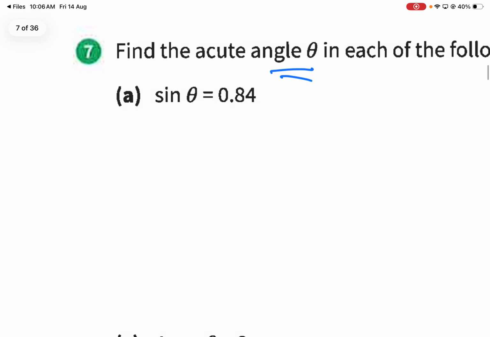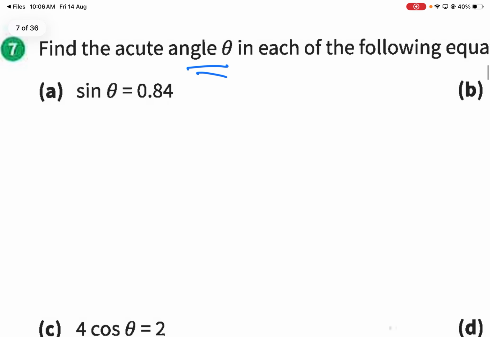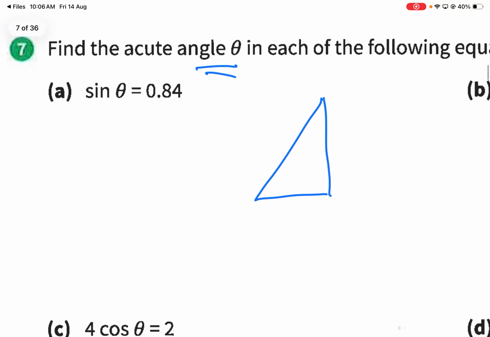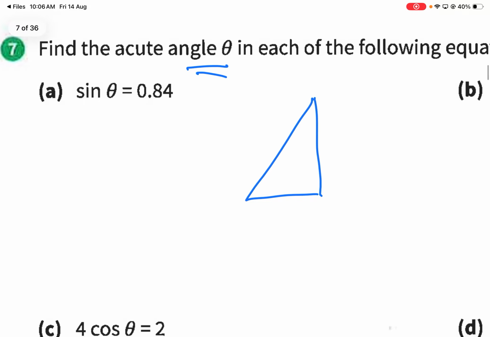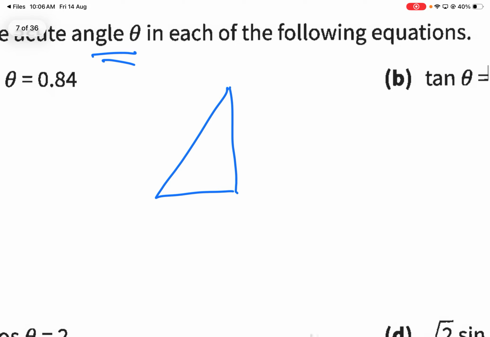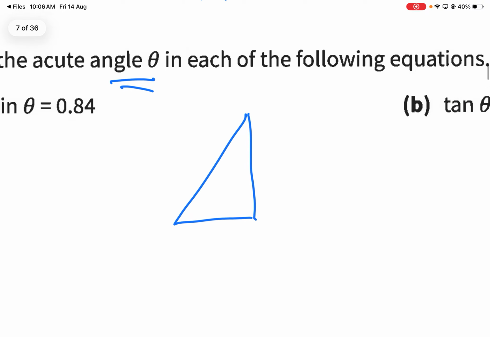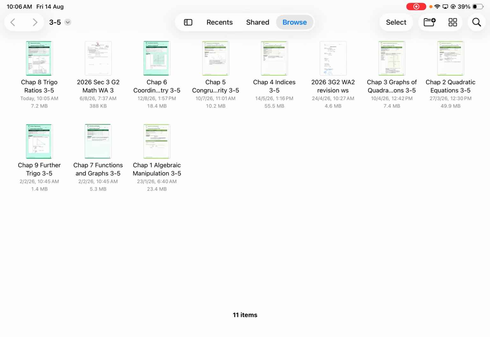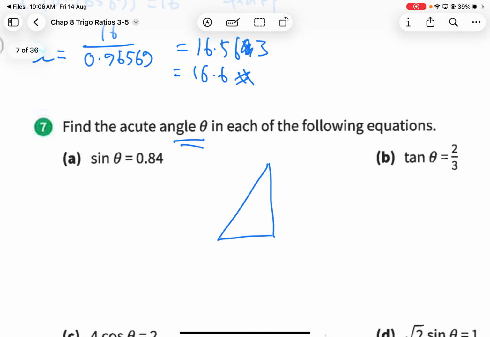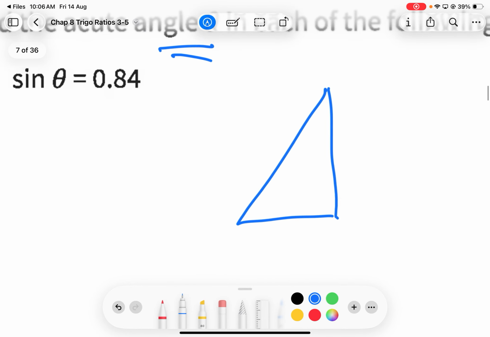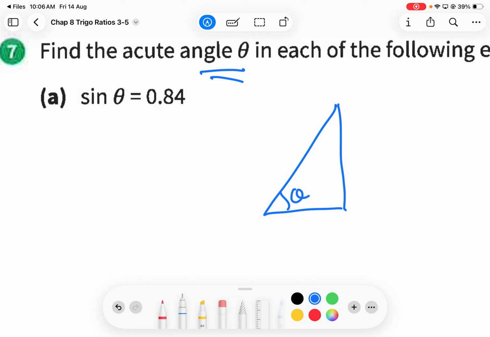Meaning, what is happening here is there is a right angle, so there is this angle theta over here.